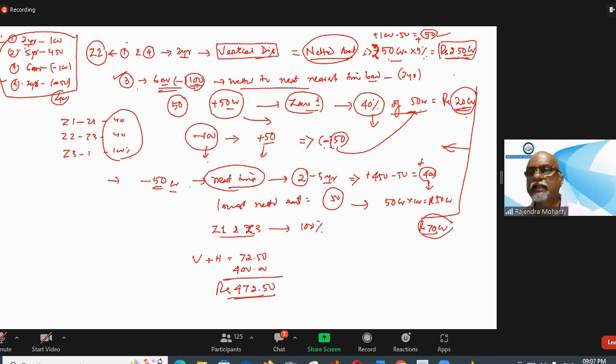As far as vertical disallowance is concerned, we have 2.5 crore. So vertical plus horizontal disallowance becomes 72.50. And this 400 is already there, as we are carrying short and long positions. So 400 plus 72.50, the total market risk capital, is 472.50.